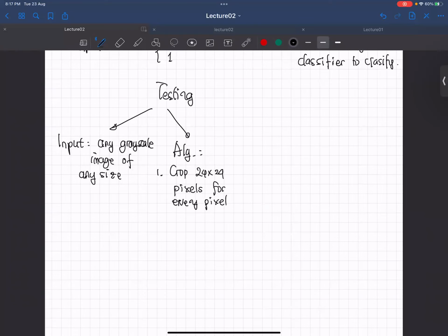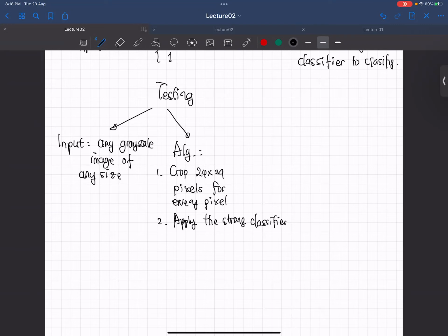Because 24 by 24 is the minimum, and it's quite small in terms of the image, that's enough for a starting point. You crop, and then second, apply the strong classifier. And then you can see whether this 24 by 24 cropped patch is a face or not a face.